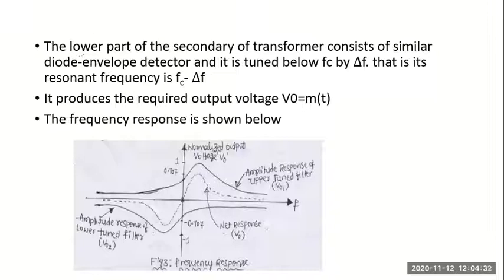You can see how the frequency response looks for this balanced discriminator or dual slope detector.